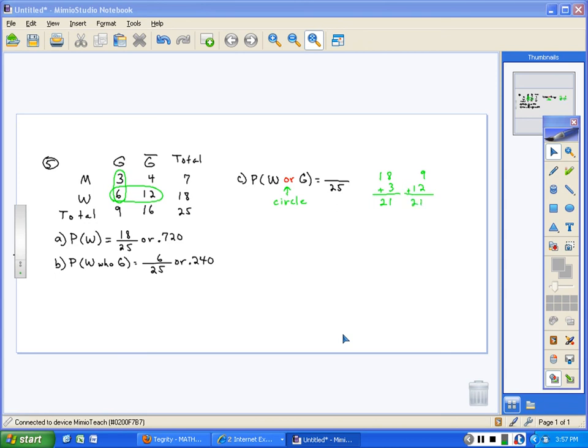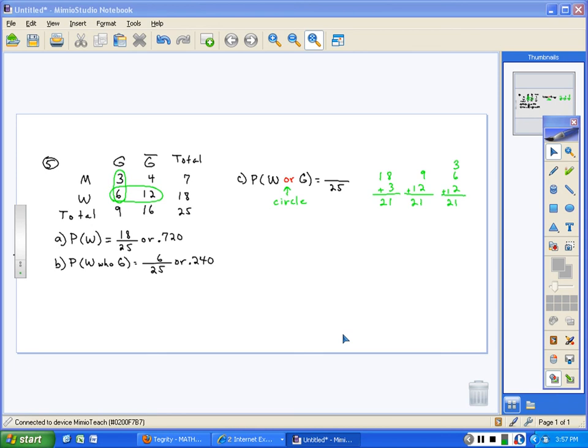Or you can just take all of the numbers that are inside a circle, which is 3, 6, and 12, and add all that up and get 21. I do not like the way the book does it, where you add the total for both sides and then subtract the overlap. But if you want to do it that way, you can.